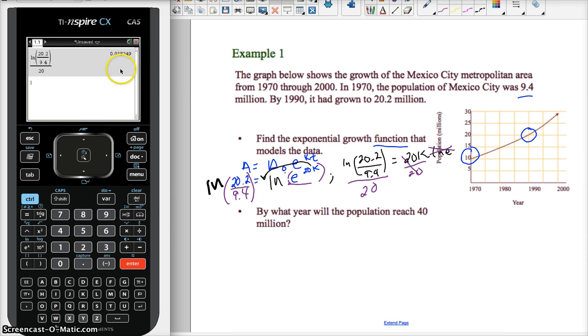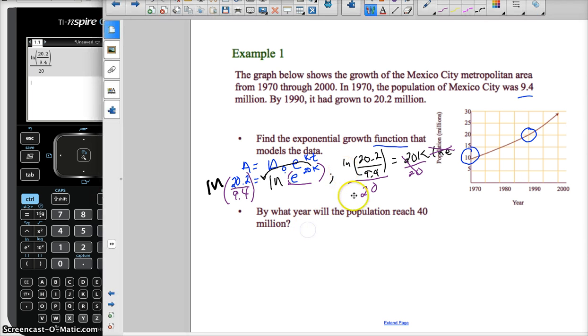And so we have a growth rate of 0.038. Because our growth rate k is equal to 0.038, we can now write an accurate growth model.